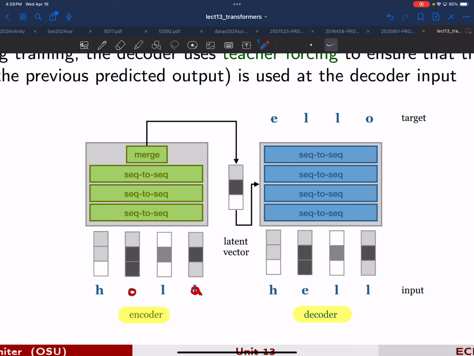Question? What is the size of the latent vector? I don't remember what it is in this paper, but it just needs to be large enough that it captures the information in this sentence. Does it depend on the code book or the input sequence?